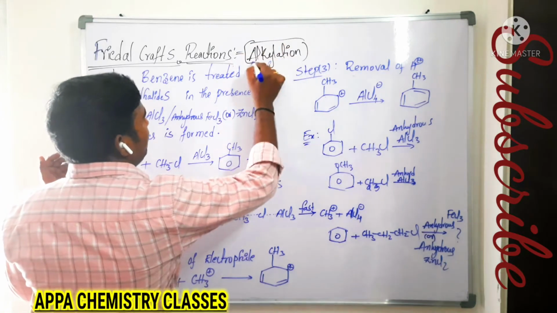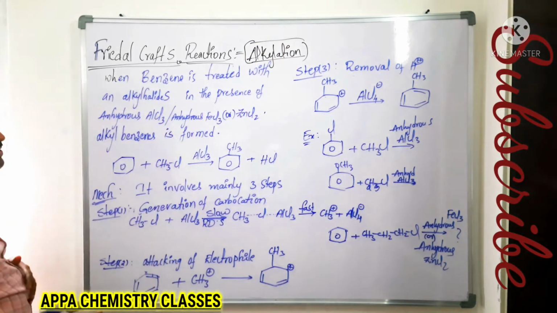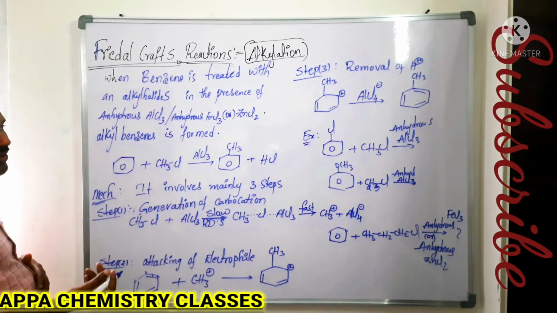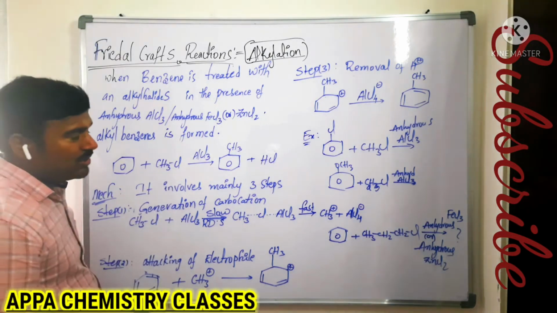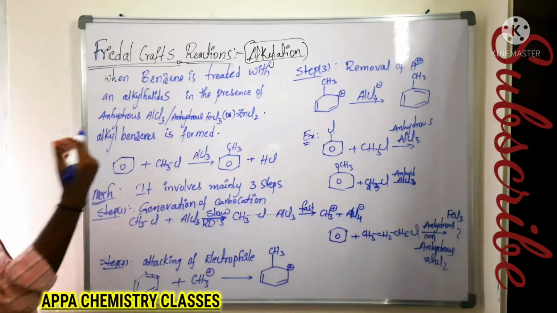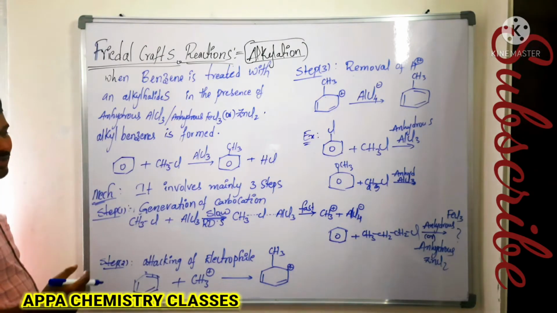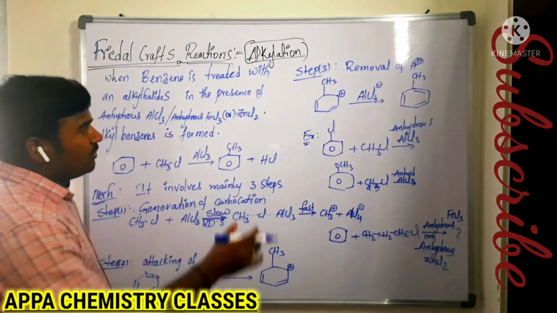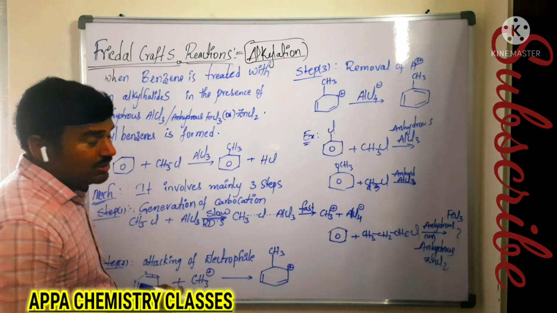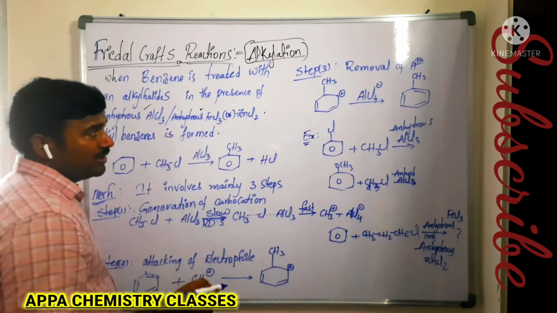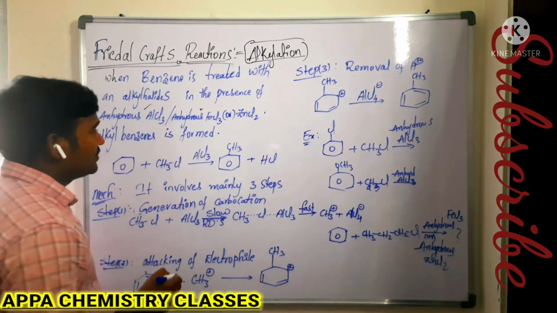In this Friedel-Crafts alkylation, what happens when benzene is treated with alkyl halide in the presence of anhydrous aluminum chloride or anhydrous ferric chloride or anhydrous ZnCl2, that alkyl benzene we are getting. So what are the catalysts we are using? Anhydrous aluminum chloride, anhydrous ferric chloride or ZnCl2.